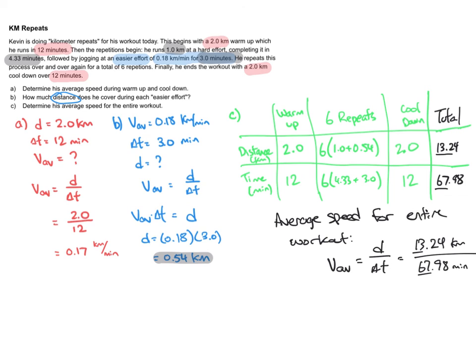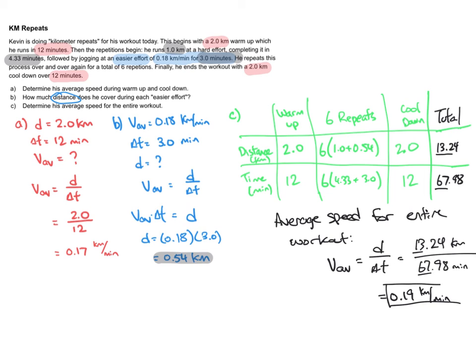So I'll get that in my calculator. So I'm getting 0.19 when I round it to 2 sig figs. That'll be kilometers per minute.